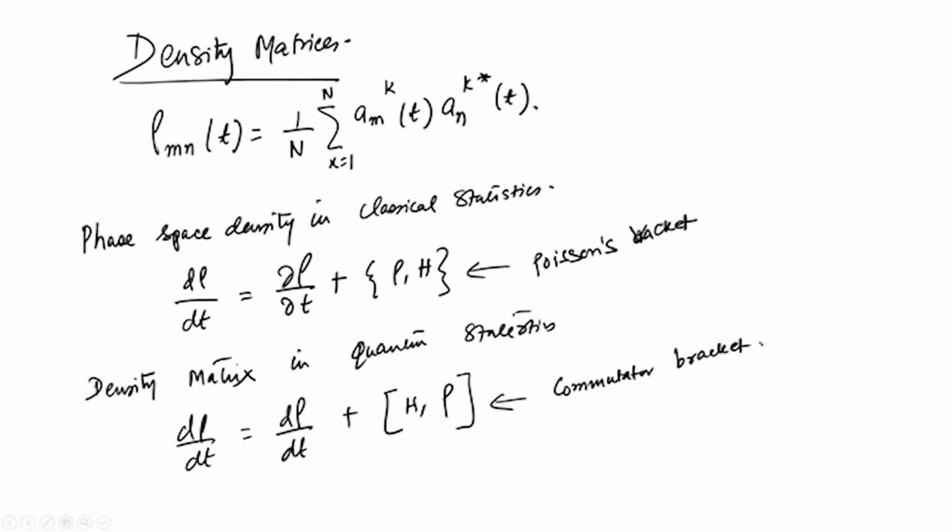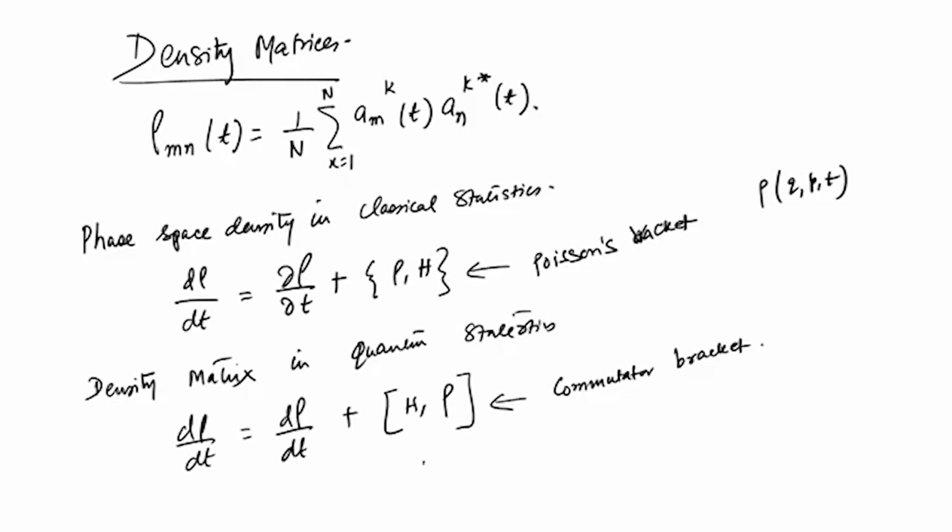As we said, rho was just a number, a function of q, p and t, whereas here rho is actually a matrix which can be written in terms of these coefficients a mk and a nk, and as it turns out it takes into account both averages: one is the quantum mechanical average and the other is the statistical average, that is the ensemble average as well.